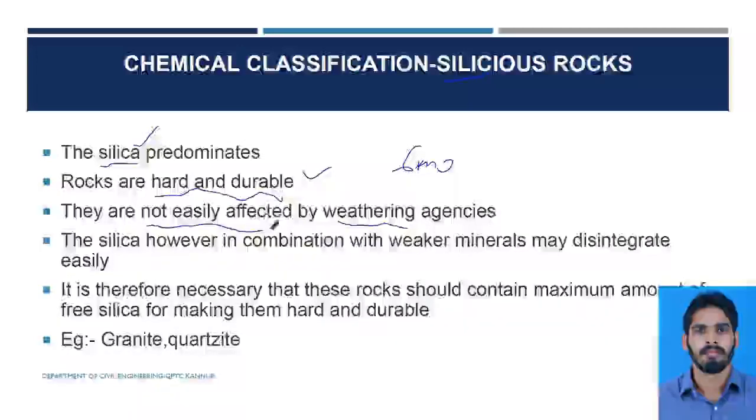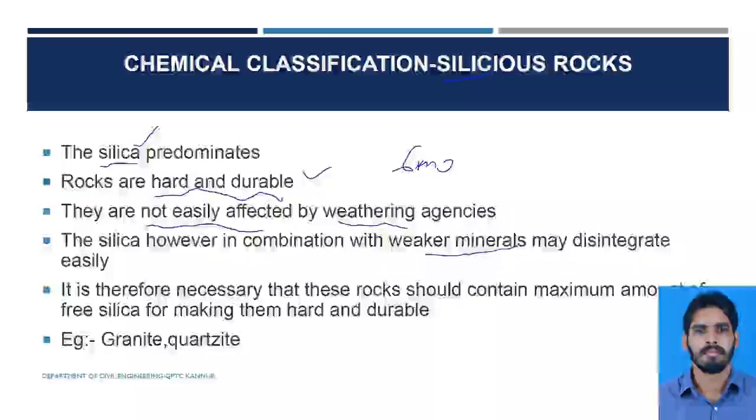The silica, however, in combination with weaker minerals, may disintegrate easily. Okay. Take a diploma student, he may come from home after completing his +2 as a very good student. After joining Government Polytechnic, he may become a bad person. You know how? He may be in bad company. His companion will be someone who has a bad character.